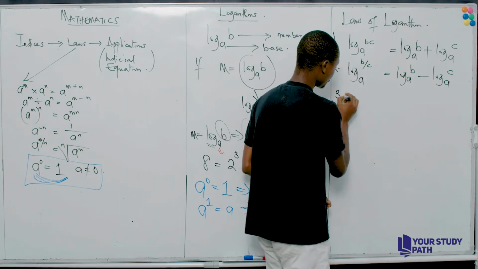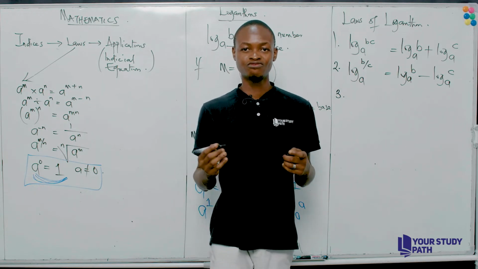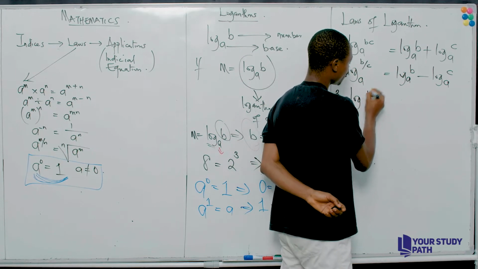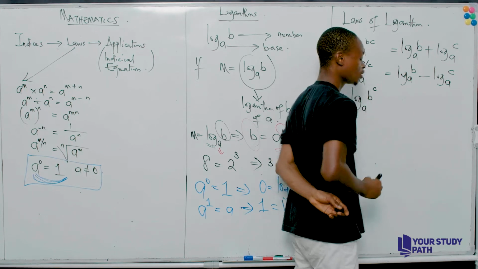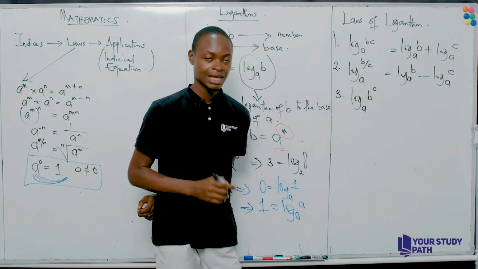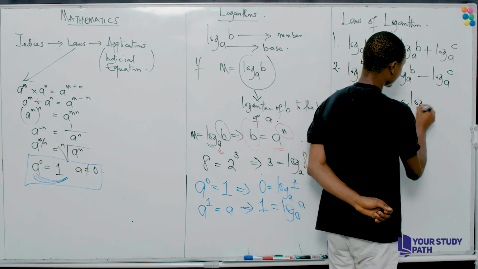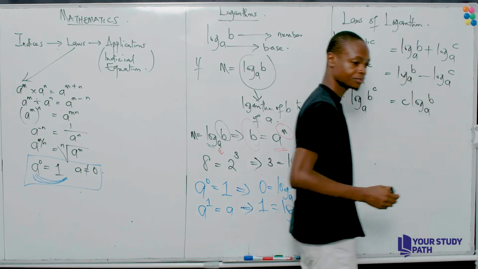Now, for our third law, let's look at something very interesting. If you have the logarithm of b raised to the power of c to base a, then I can write this as c log b to the base of a.